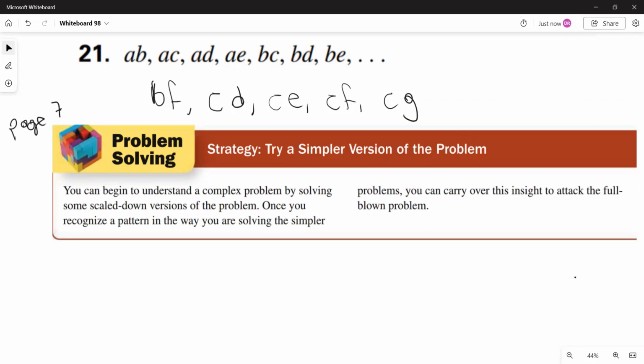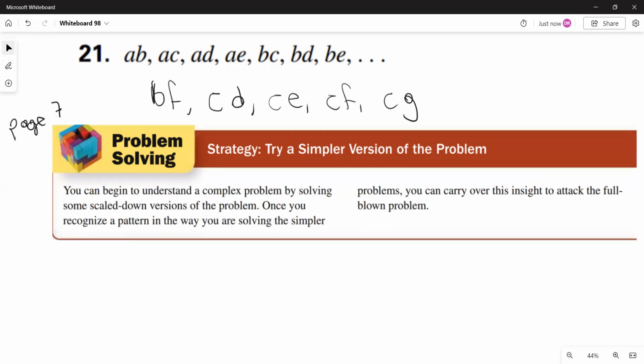You can begin to understand a complex problem by solving some scaled down versions of the problem. Once you recognize a pattern in the way you're solving the simpler problems, you can carry over this insight to attack the full-blown problem.